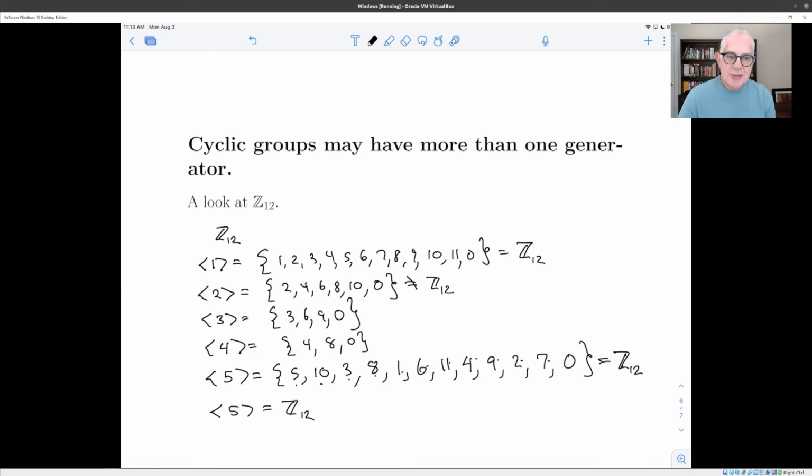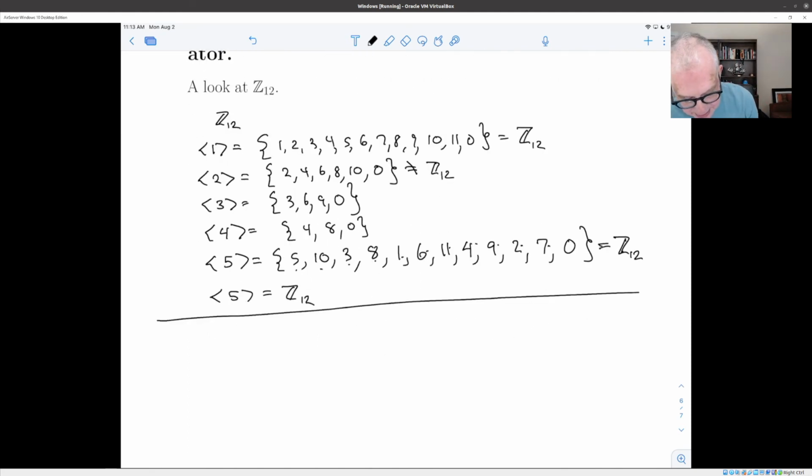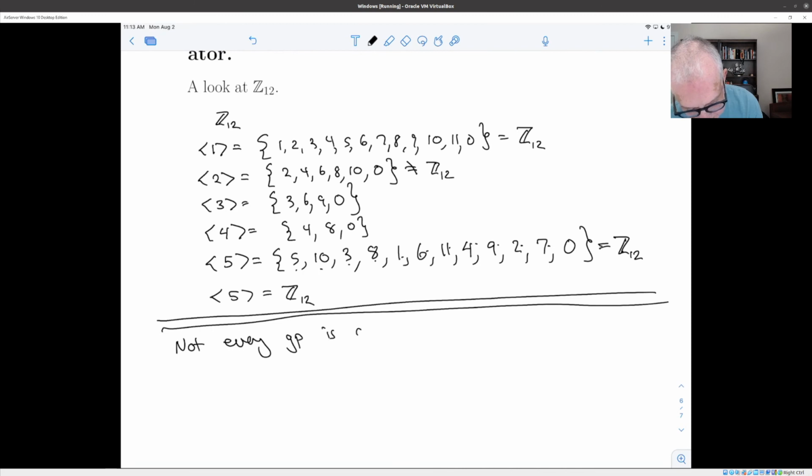And as just some concluding remarks, I want to emphasize that not every group is cyclic. So let's look at some examples. First of all, we know that the symmetries of the triangle are not cyclic. And how do we know that? Well, remember what we know.